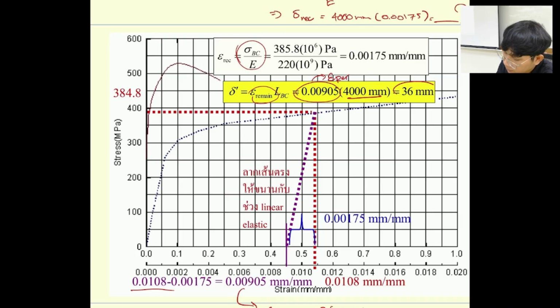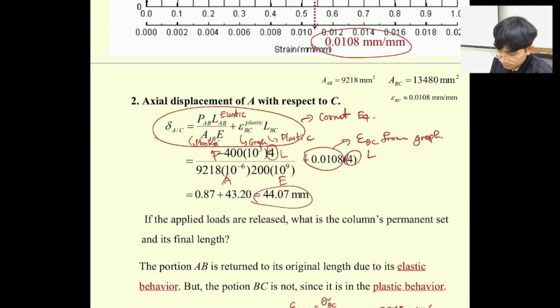Multiply with the length, which means if you put the load, it's going to compress the column to get the deformation or contraction of 44.07.